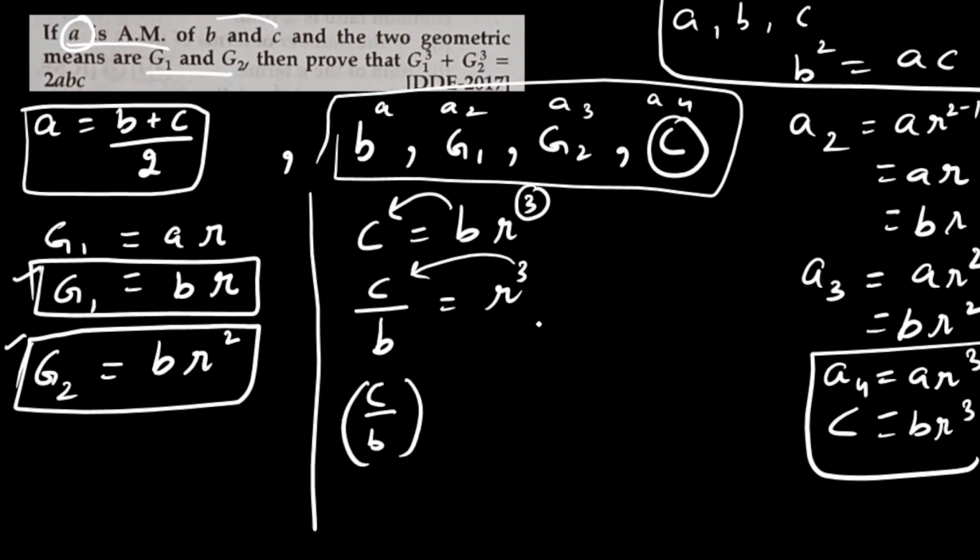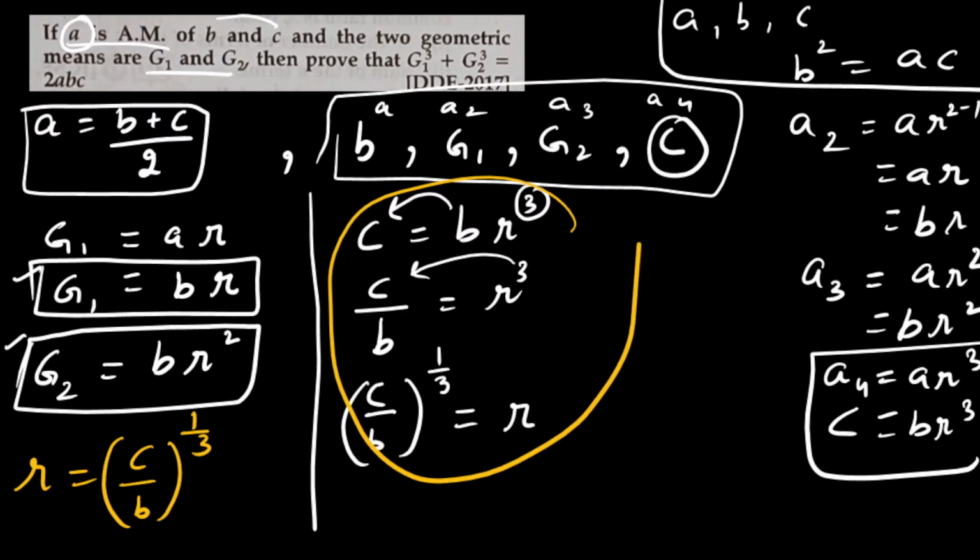Cube root I can write as power 1 by 3. So I found the value of R. The value of R is (C by B) whole power 1 by 3. From here we got it from the fourth term.